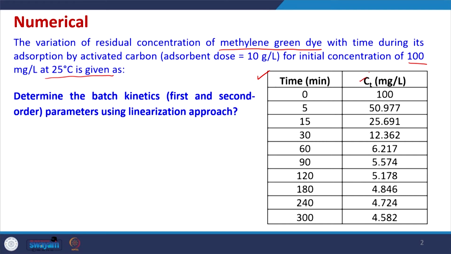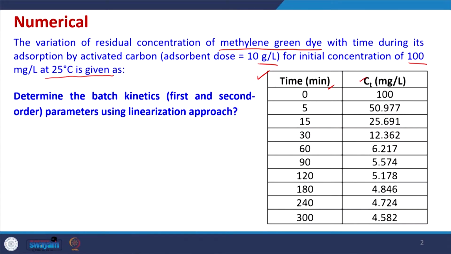Certainly a large number of beakers may have been used, and they were kept in the same incubator shaker for these given times. Each beaker contained 100 milligram per liter of methylene green dye, and in each beaker an adsorbent dose of 10 gram per liter has been given.